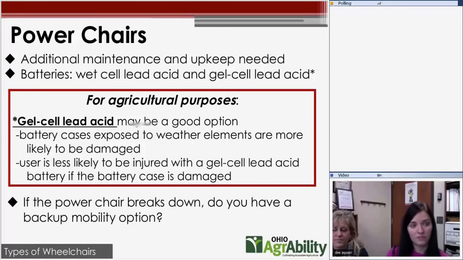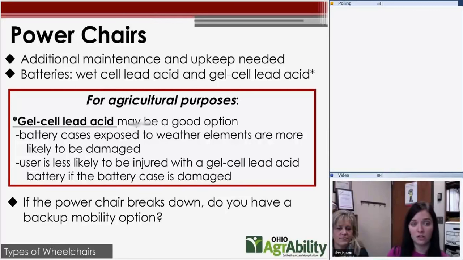A downfall of power chairs is they do require a lot more maintenance than a manual chair. When thinking about the battery specifically of a power chair, there are two main types. The first is wet cell lead acid, and then also gel cell lead acid. Special consideration for agricultural users may be to think about the gel cell lead acid batteries.